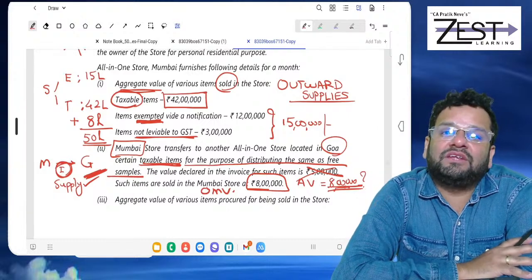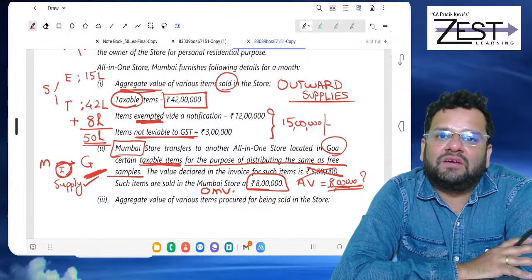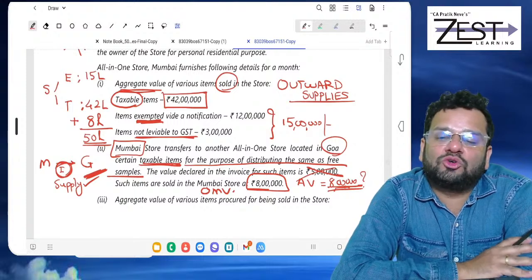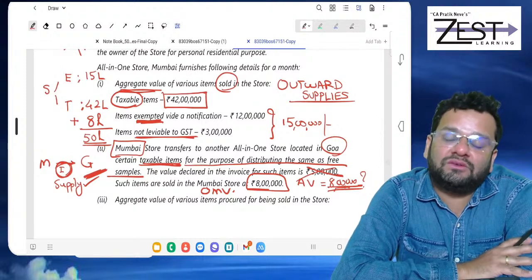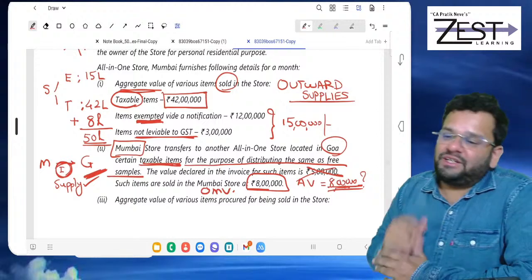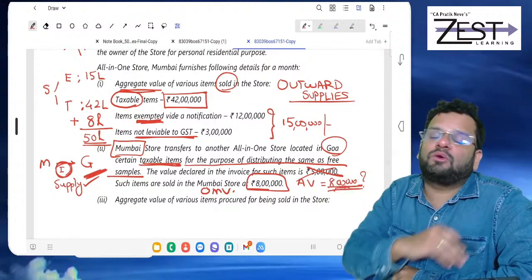And in 17(5)(h), it is said that if you are going to do free sampling of the goods, then ITC of such goods is not allowed. So did you understand how many provisions are involved in one question? That's why for so many days we were building our foundation for doing such amazing questions.